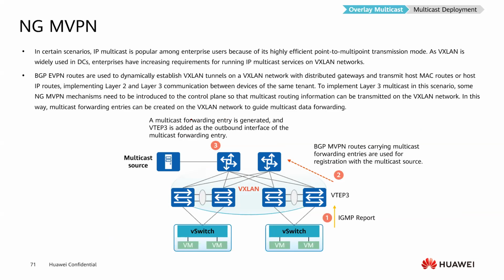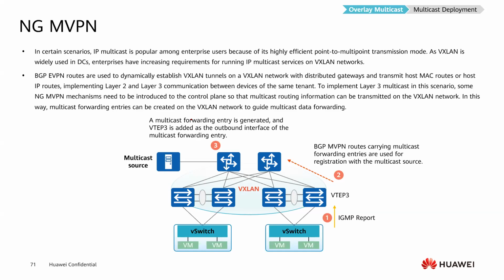Next, let's look at what NG MVPN is. In certain scenarios, IP multicast is popular among enterprise users because of its high-efficiency point-to-multipoint transmission mode. As VXLAN is widely used in DCs, enterprises have an increased requirement for running IP multicast services on VXLAN networks. EVPN routes are used to dynamically establish VXLAN tunnels on a VXLAN network with distributed gateways and transmit host MAC routes or host IP routes, implementing Layer 2 and Layer 3 communication between devices of the same tenant.